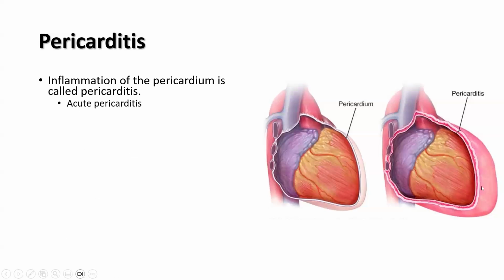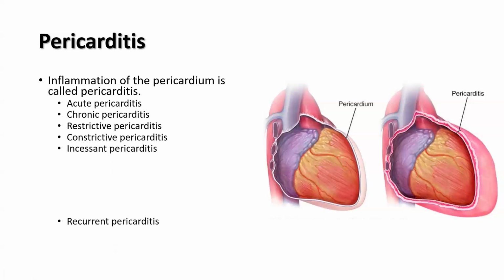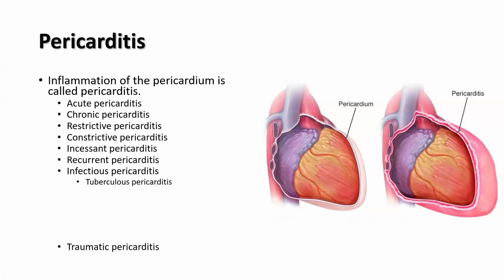There are a lot of types of pericarditis, like acute pericarditis, chronic pericarditis, restrictive pericarditis, constrictive pericarditis, then incessant pericarditis, then recurrent pericarditis, infectious pericarditis, and if the infection occurs by the TB organism, then it is called tuberculous pericarditis.